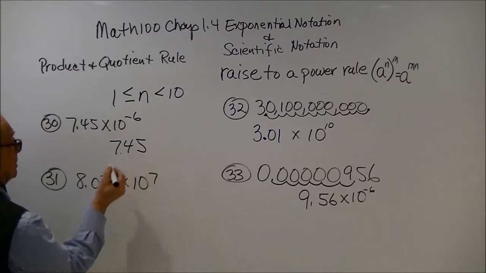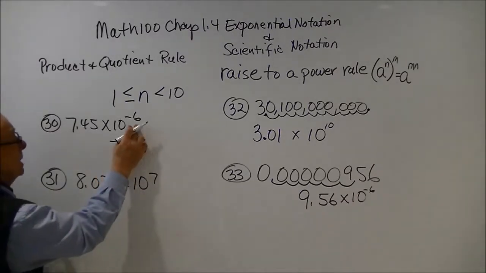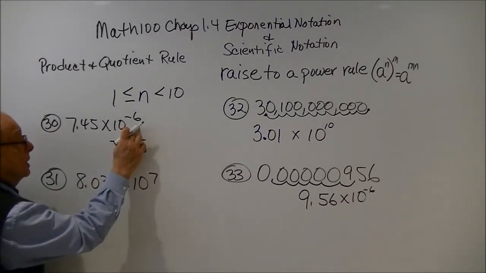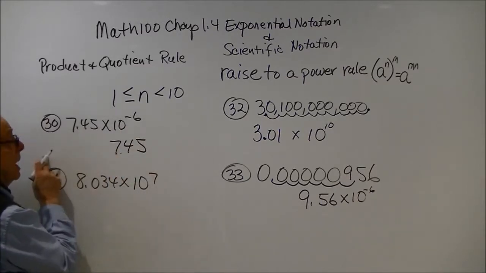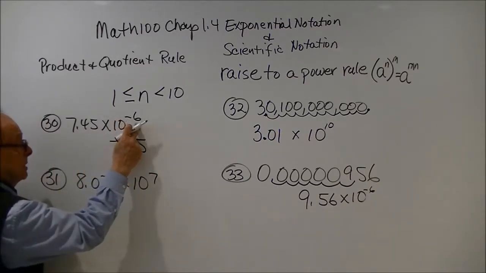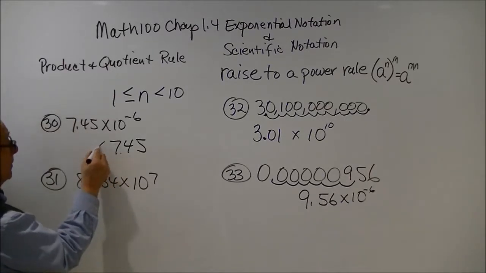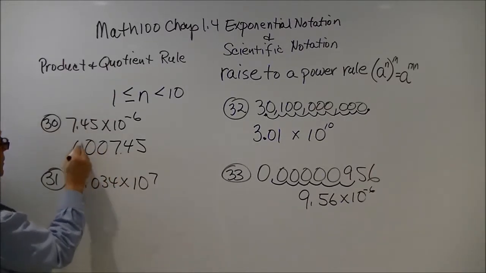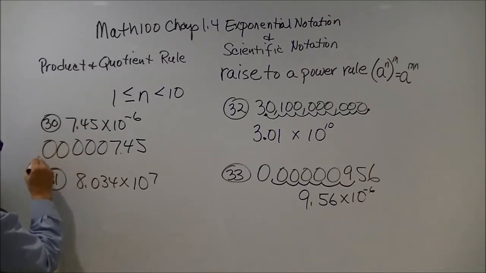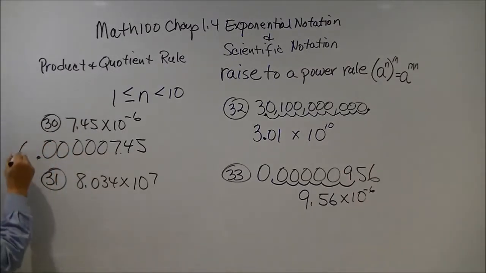Now our decimal was here. So how many decimal places do we need to move it? It's to the left now, and it's going to be 6 places. Well, there's 1. So we need to add 5 zeros. 1, 2, 3, 4, 5. Our decimal goes there, and we usually put another 0 to fix the decimal place.